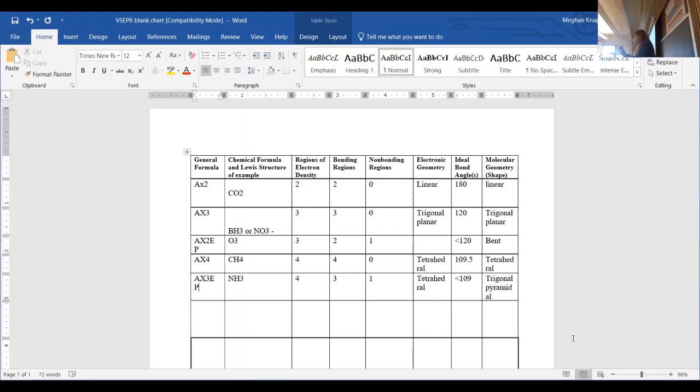So they're just 2 regions, and that's going to be the sum of the bonding regions and the non-bonding regions. So I'm going to put up here, sorry, not the class, the steric number is equal to bonding regions plus lone pairs.